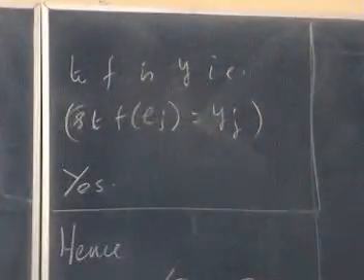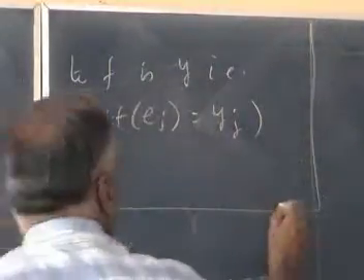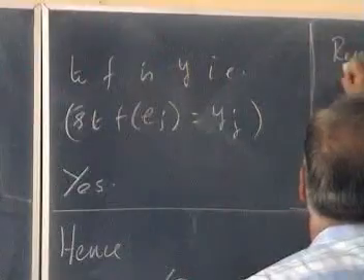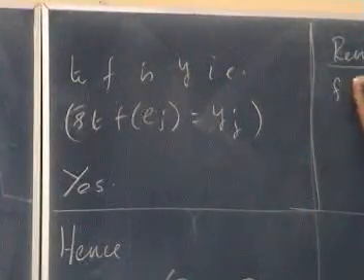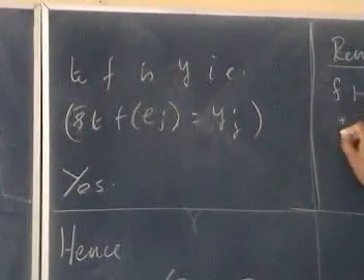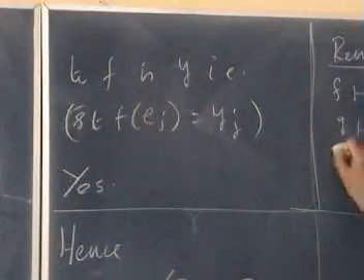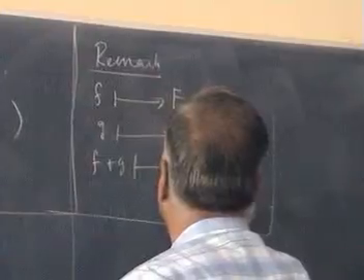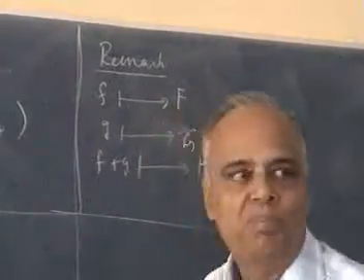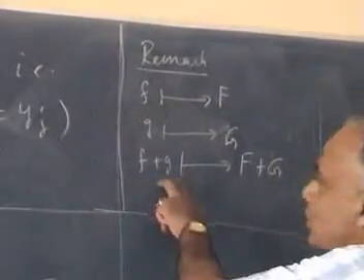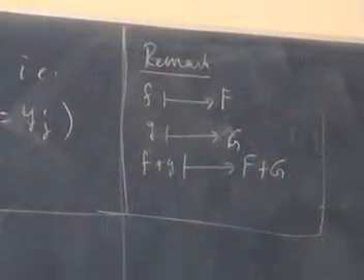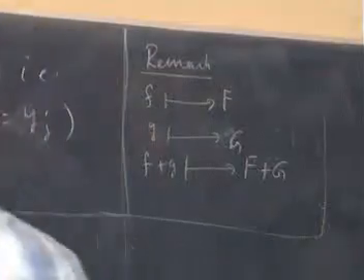One more remark. If f is identified with f, g is identified with g, then f plus g will be identified with f plus g. Because the action of this on the base vector is the action of this on the base vector plus the action of this on the base vector, which is the same as f_j plus g_j.